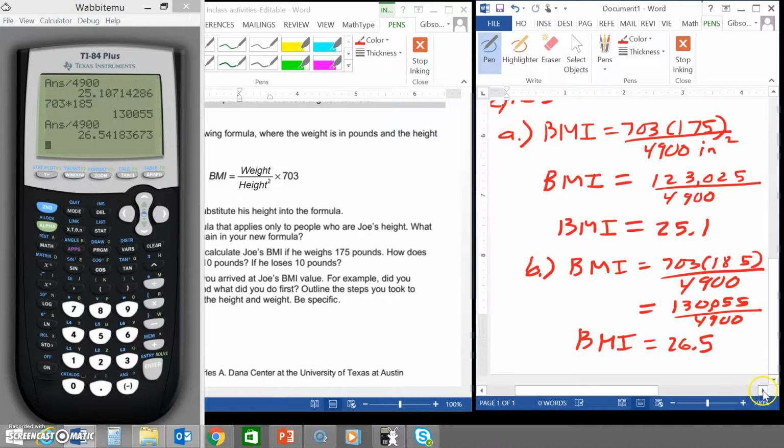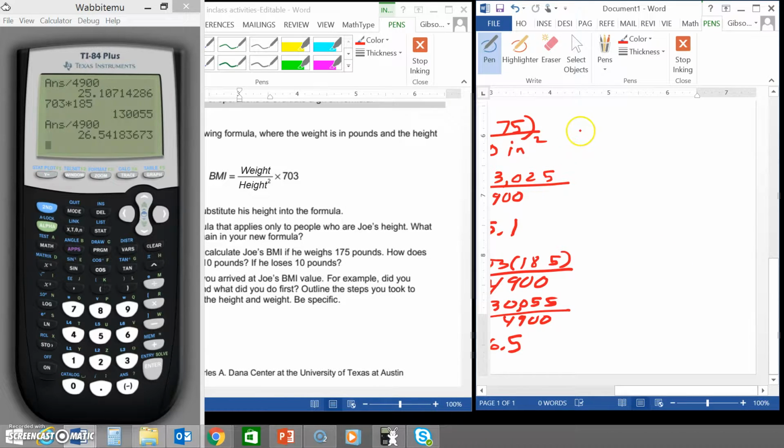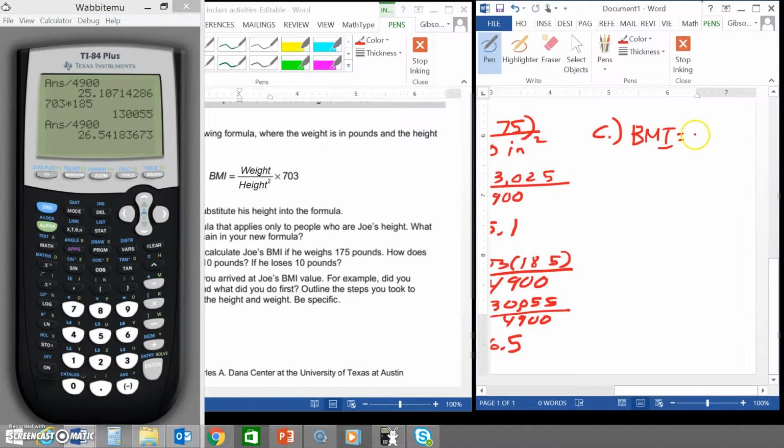Now, I could go sideways here. So now we would do our C. Our BMI is equal to, we can go back here, 703 times 165 all over 4,900.